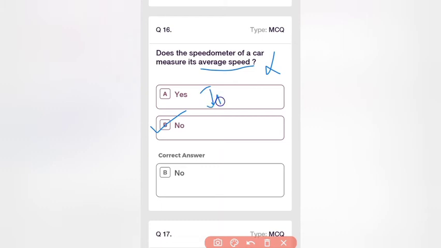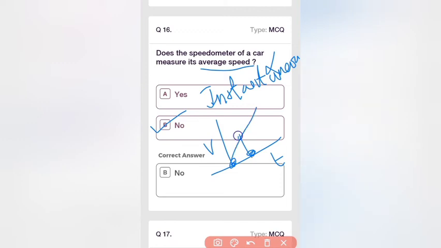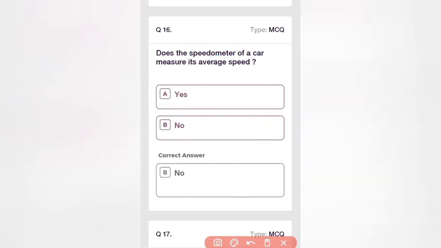It measures instantaneous speed. Instantaneous means at that particular instant. So at this particular instant, what is the speed? That is called instantaneous speed. So speedometer measures instantaneous speed. So no.